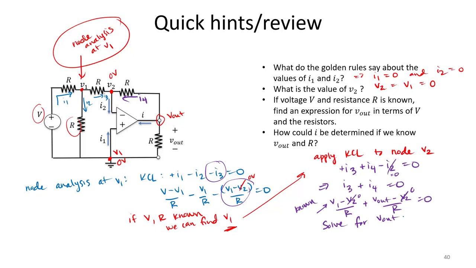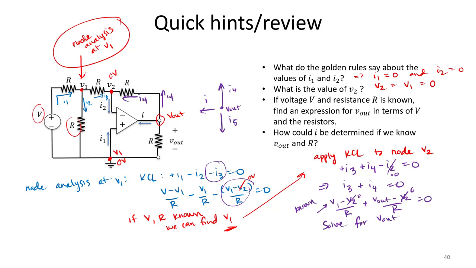Last part of the question asks, how could our current I be determined? Well, notice we assume that we have current I4 exiting our node where V out is located. We also have some current I entering, and then we have some current, let's just call it I5, leaving.